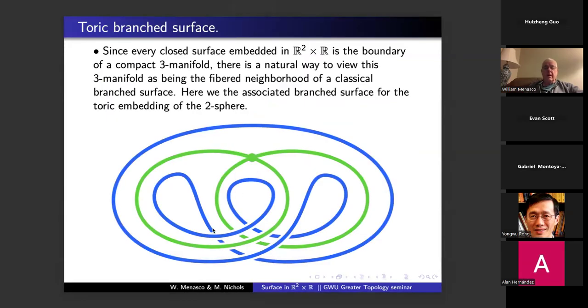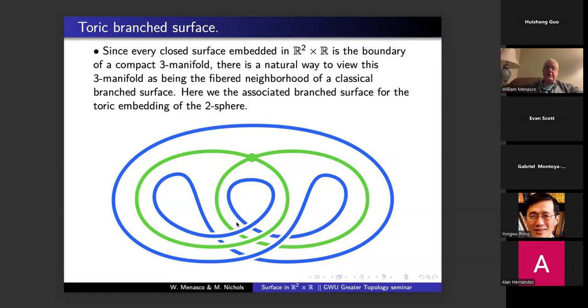This toric one is, the reason we're calling it toric, you look at that torus, that torus minus a disk. So here it is, and this is where we started off the talk.